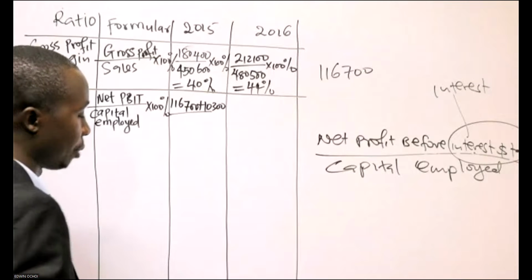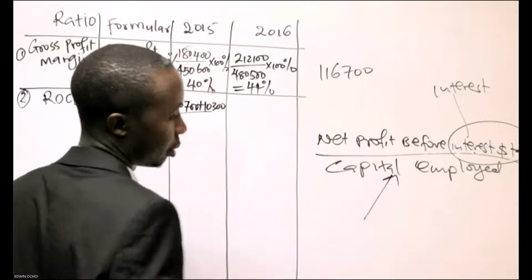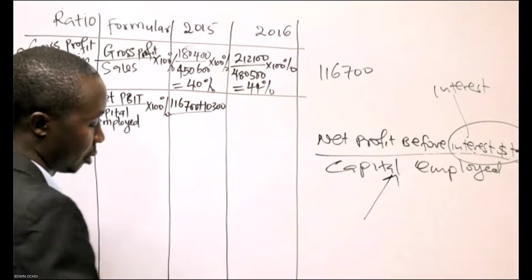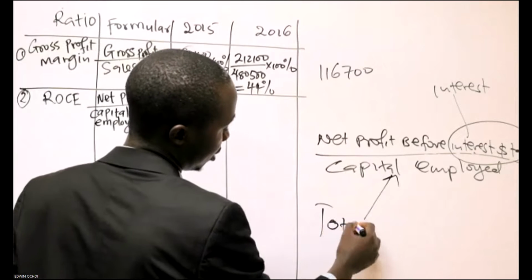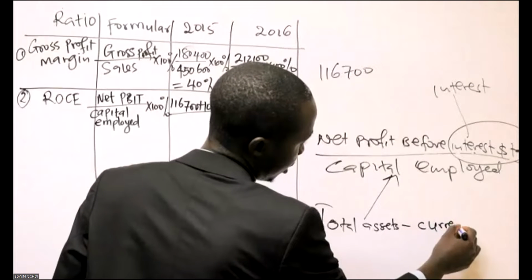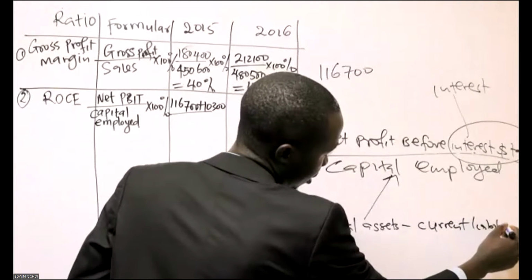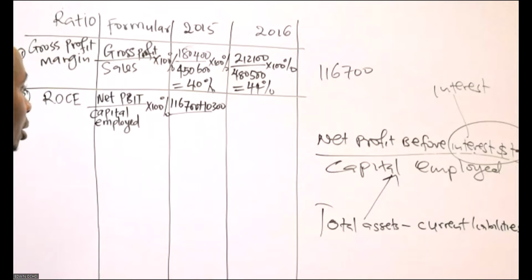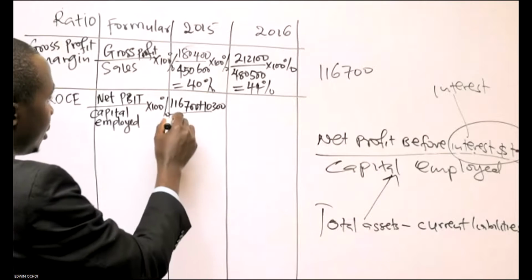How do you get capital employed? Total assets minus current liabilities. Correct. So do that. Give me the answer for this one. Total assets 590,600.